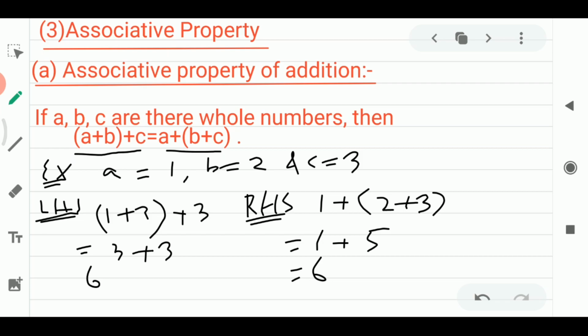We can say that LHS is equal to RHS, because in LHS we get 6 and in RHS we get 6. So LHS is equal to RHS. It means 1 plus 2 bracket plus 3 is equal to 1 plus bracket 2 plus 3. This is called associative property of addition.